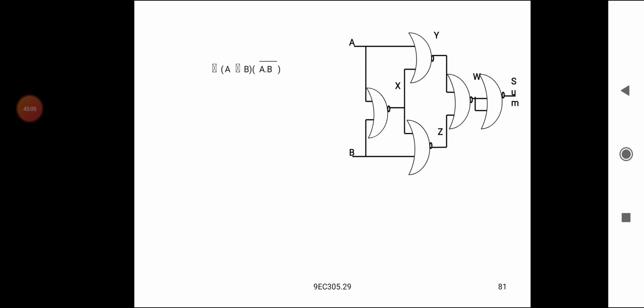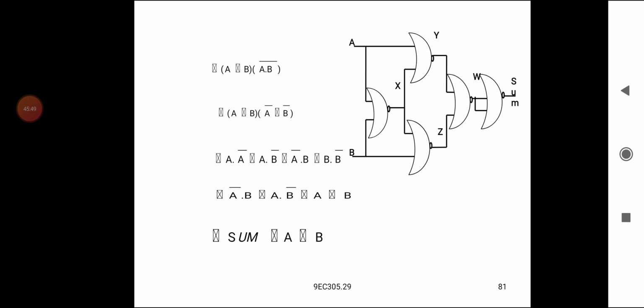Similarly for carry: (A plus B) of (A B complement) whole complement, which is (A plus B) of (A complement plus B complement), so A dot A complement plus A B complement plus A complement B plus B of B complement, which is equivalent to A B plus A complement B plus A B complement, giving AB.